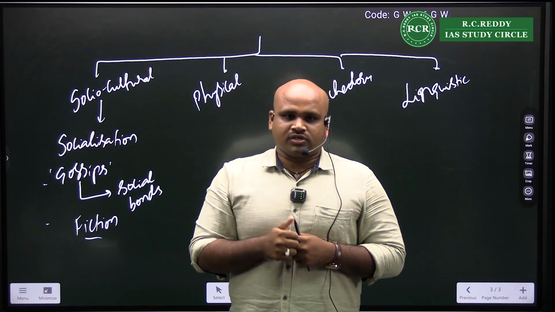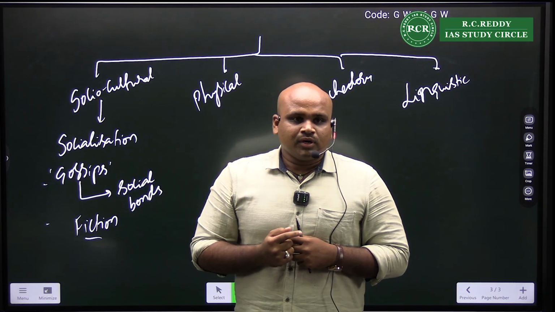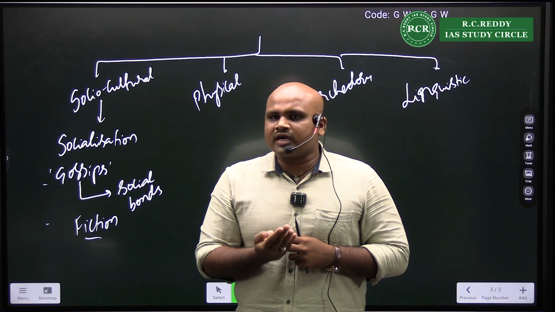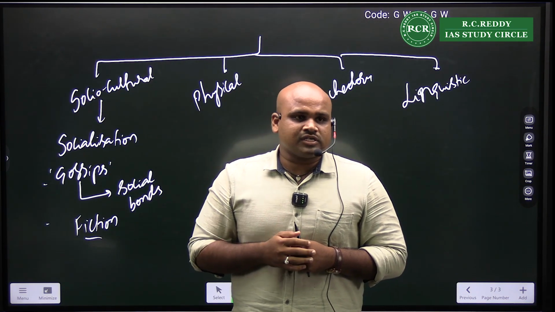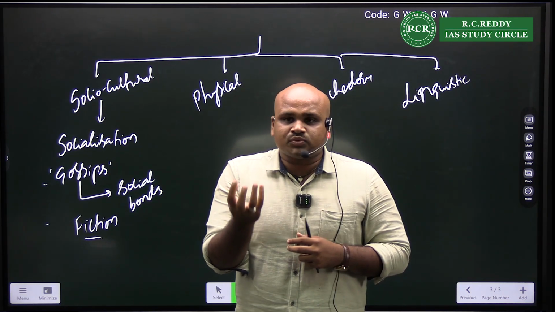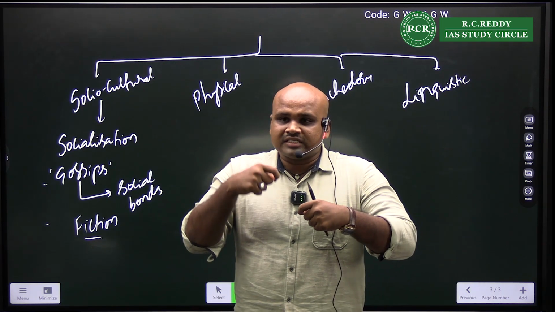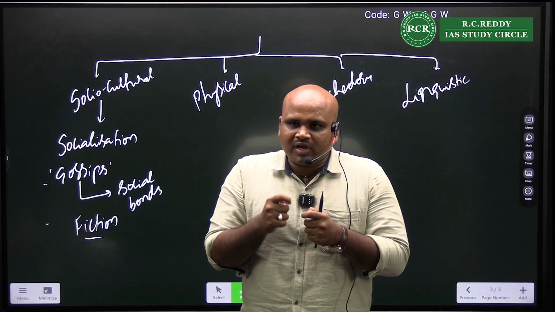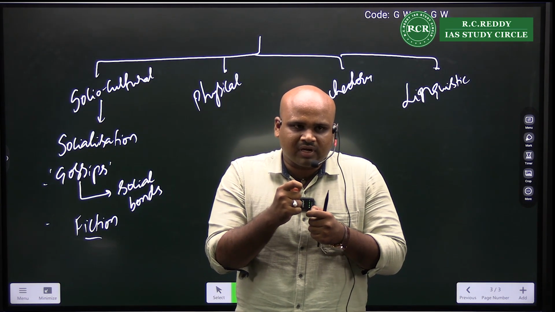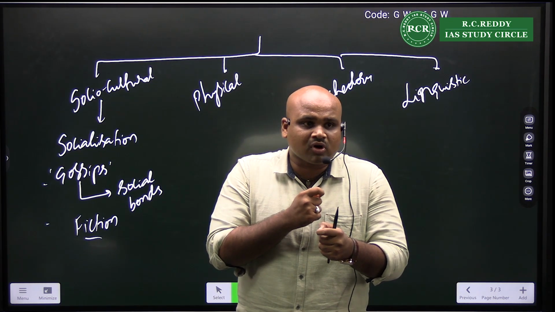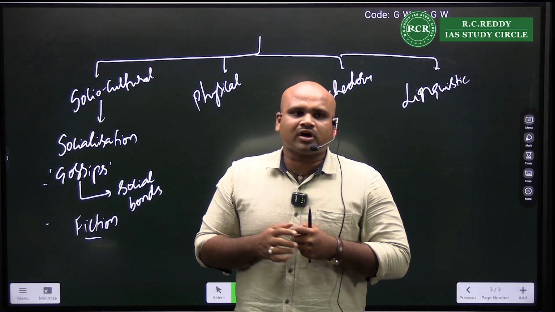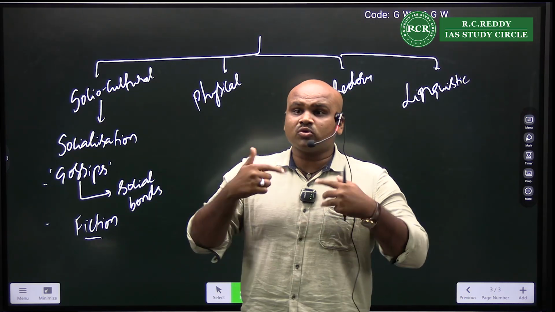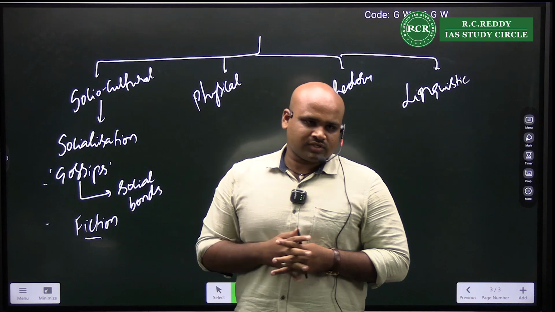We study marriage, family, kinship, religion, economic organizations, political organizations. In all of these dimensions, who is the central entity? The central entity is the human being. It is a study of human beings with respect to marriage, family, kinship, economic organization and political organization, and how these systems vary across the globe is what I am going to study in socio-cultural anthropology.